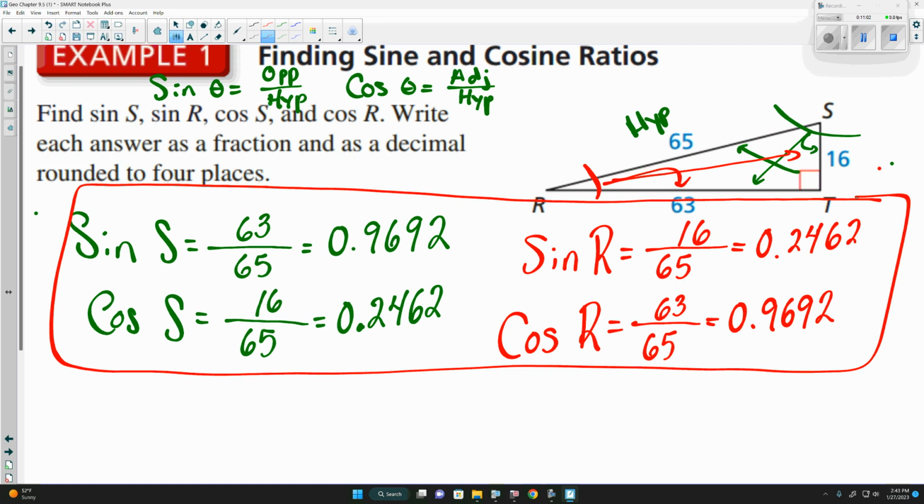Yes. And we will eventually have the theorem that explains that. Questions on this here?